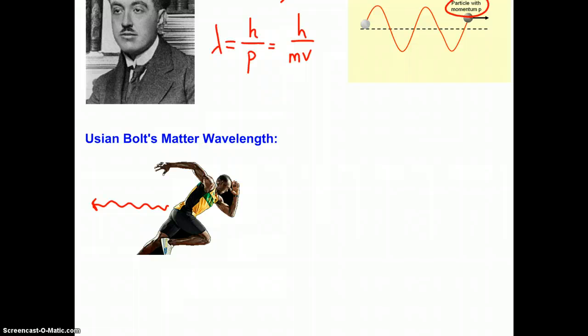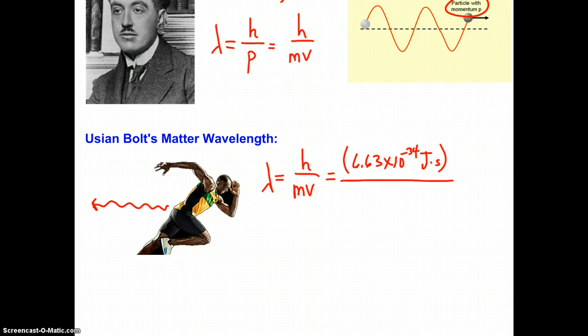In order to calculate his matter wavelength, lambda, we take Planck's constant and divide by his momentum, which would be the product of mass and velocity. Whenever you do DeBroglie's matter wavelength calculation, your Planck's constant always has to be in joule seconds. So we substitute 6.63 times 10 to the negative 34 joule seconds.